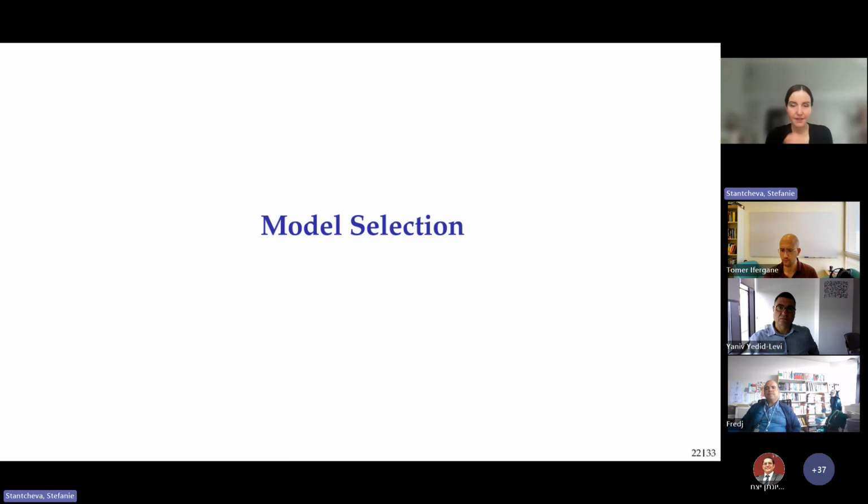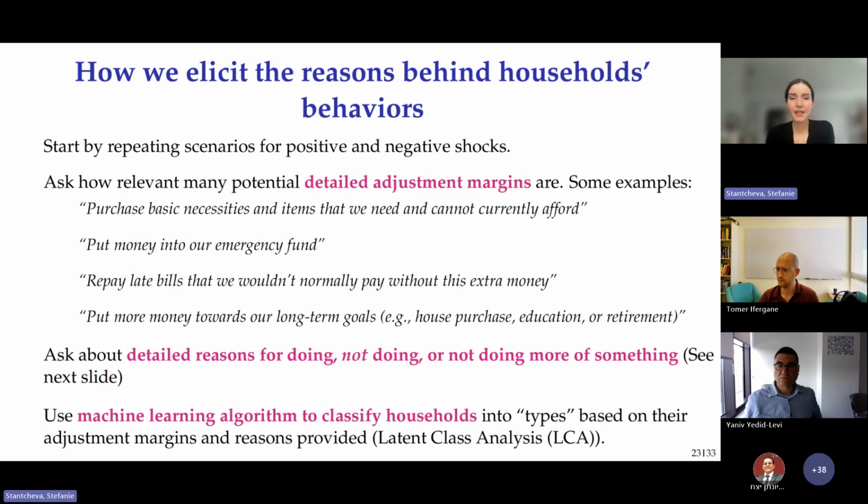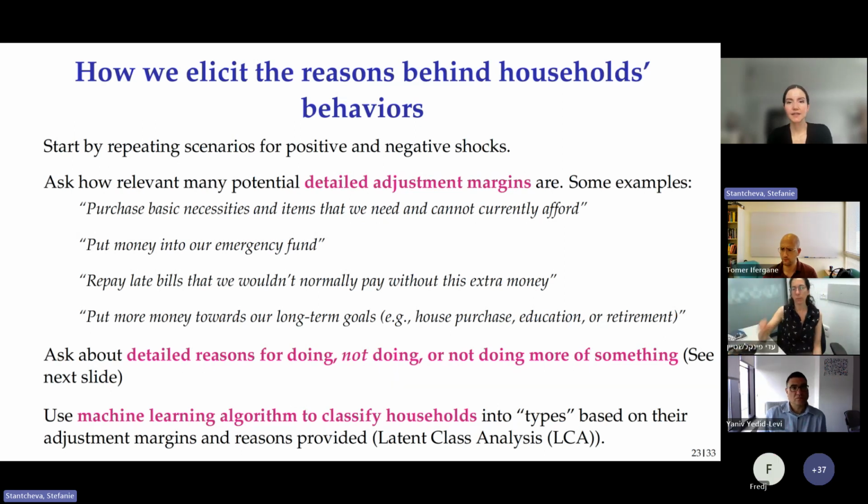Okay, so now turning to the second part, which is model selection. Here we're interested in eliciting the reasons behind household behaviors. So we see how they behave quantitatively, but how can we know why they do this? We start by repeating these scenarios for positive and negative shocks, and then we ask them about many relevant potential detailed adjustment margins.